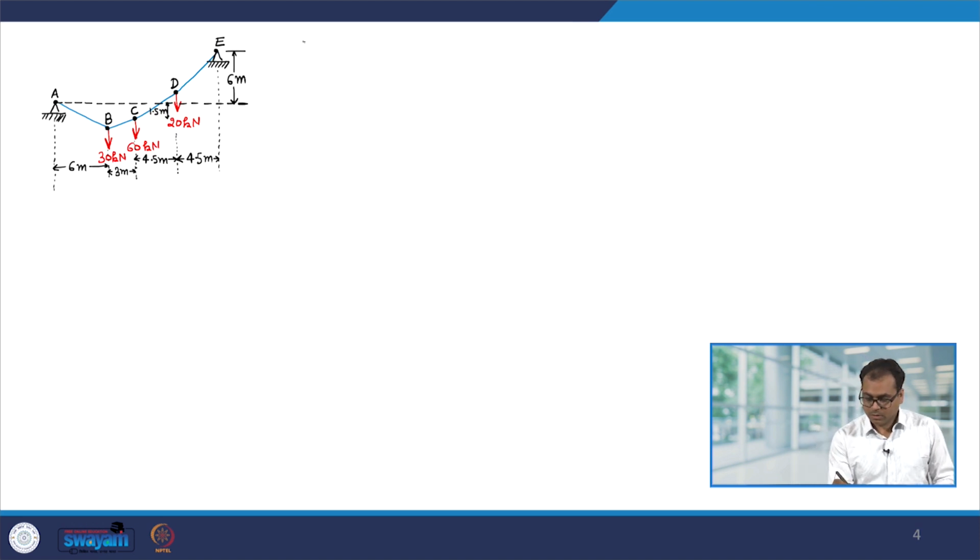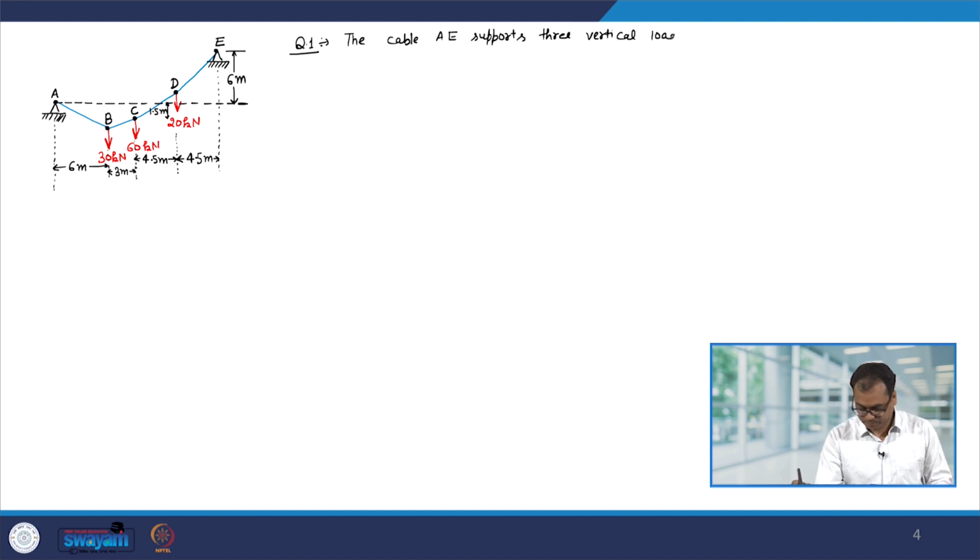In question number 1, the problem statement is the following. The cable AE supports 3 vertical loads from the points indicated.